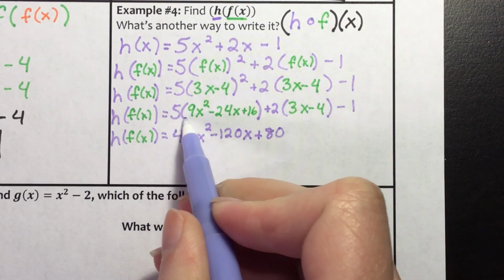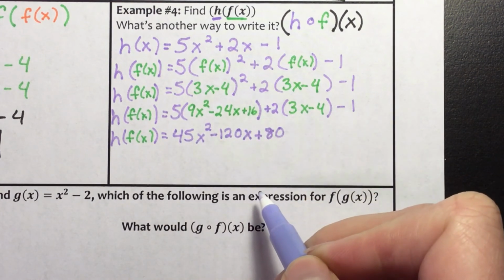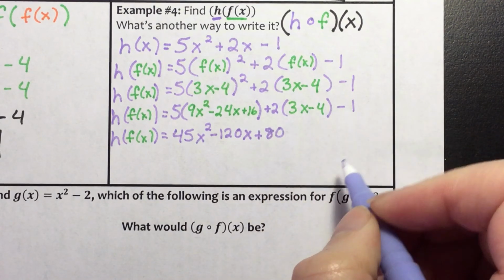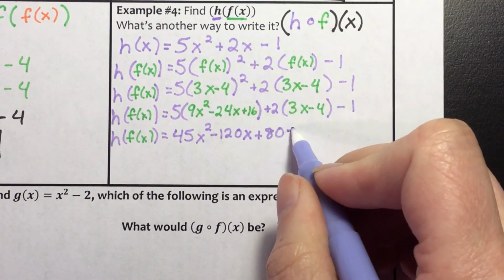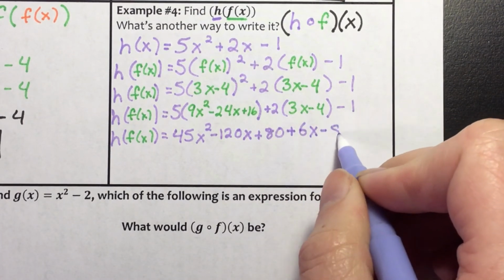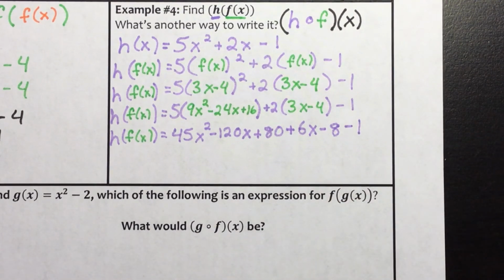Okay, so that was all of this. 1 term times 3 terms is those 3 terms. Okay, move on over here. 2 times 3x and 2 times negative 4. So 2 times 3x is 6x. 2 times negative 4 is negative 8. And then bring down that little negative 1 at the end.